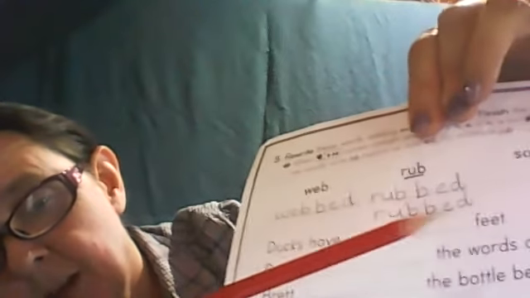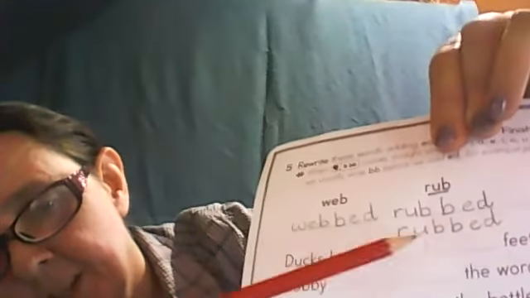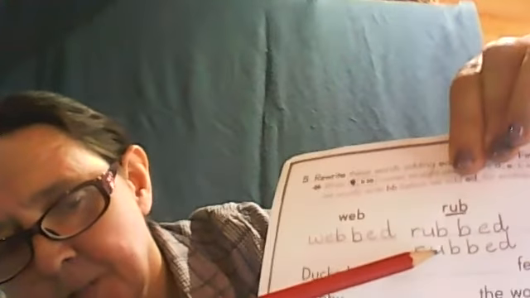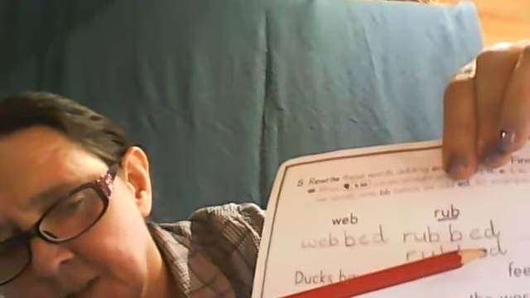Let's have a look at what I've done now. Underneath it, I wrote rubbed again. You see now I don't have those spaces, but I do have two letter B's together. Because that B is after the U and because it ends in ED, I've got to put two letter B's together. I'm going to do the same underneath webbed. Web.